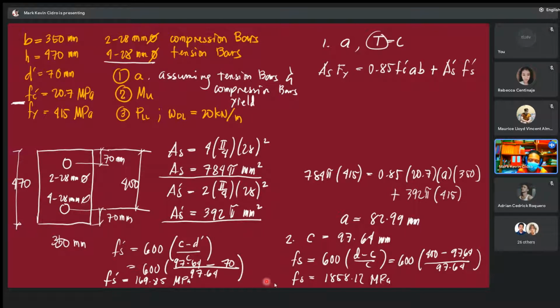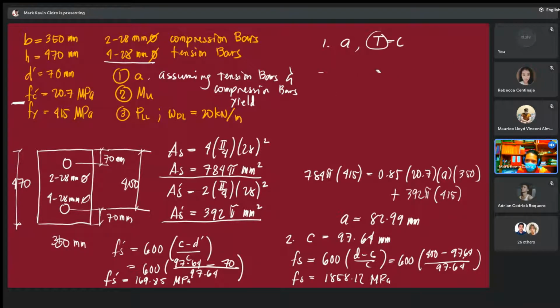And also, since your Fs is greater than Fy, we can therefore conclude that the tension reinforcement will yield. So that is why that is our equation.